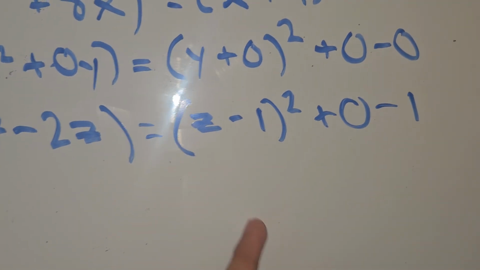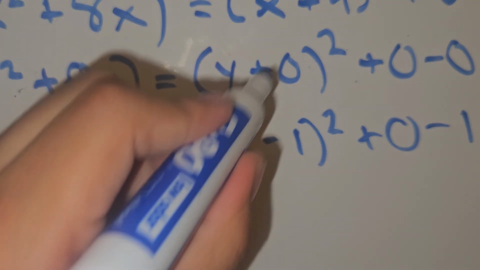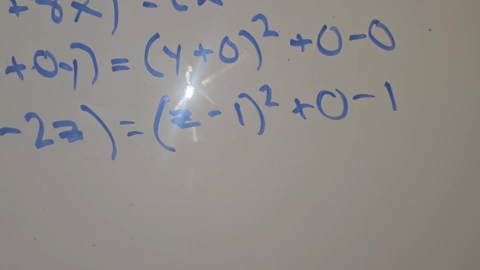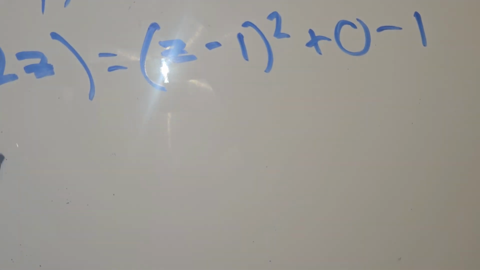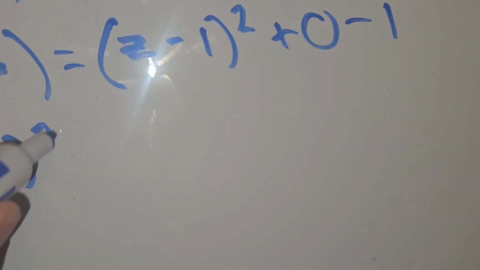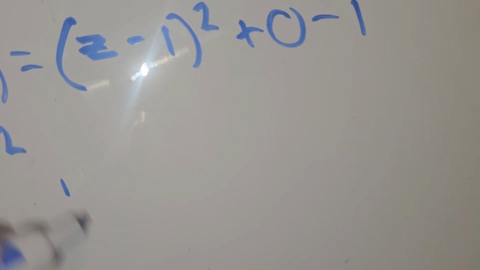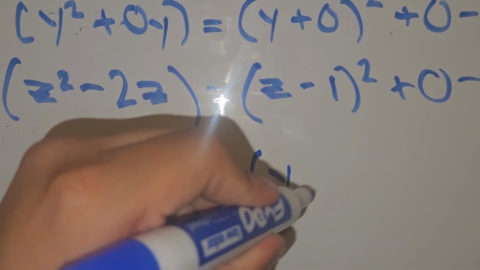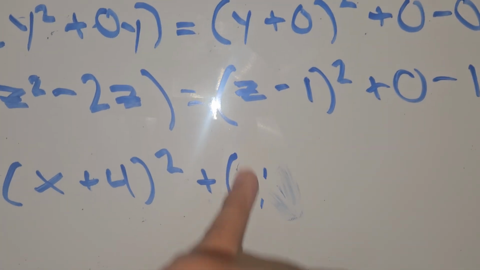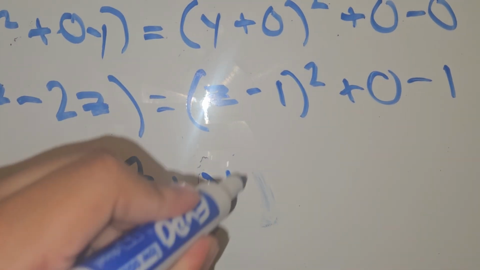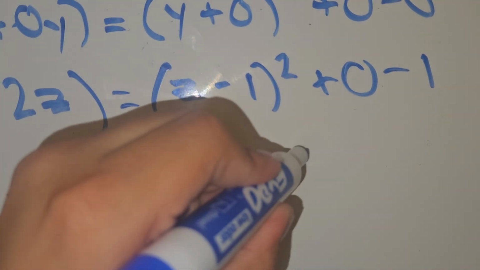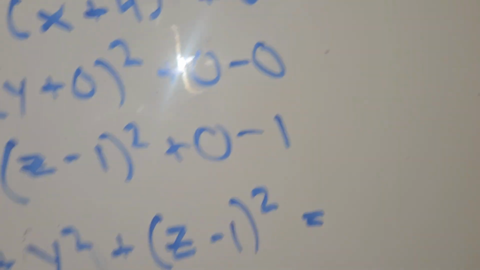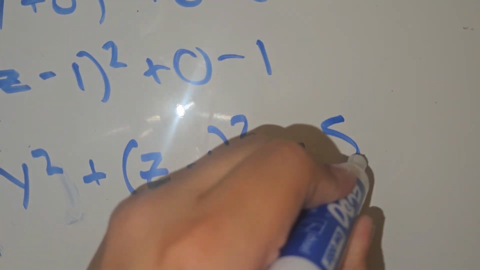Okay, so now let's put this into the form of the equation of the sphere. So that's going to be x plus 4 squared plus y squared plus z minus 1 squared equals, so remember we have an 8 here, so it's 8.